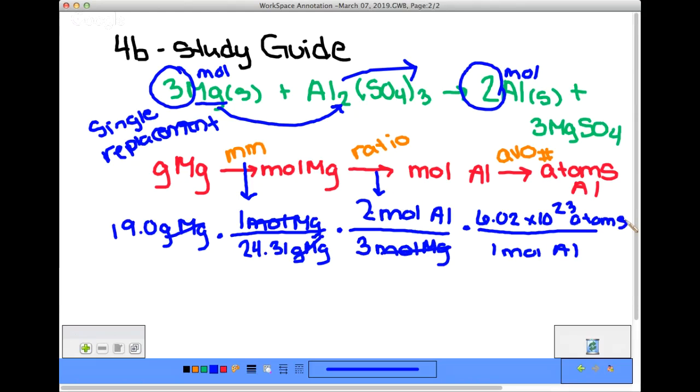You guys can double check my answer, but I got this to be 3.14 times 10 to the 23rd atoms of aluminum. So there's your work. Here is, again, 4B from the study guide, and that is converting grams of magnesium to atoms of aluminum.